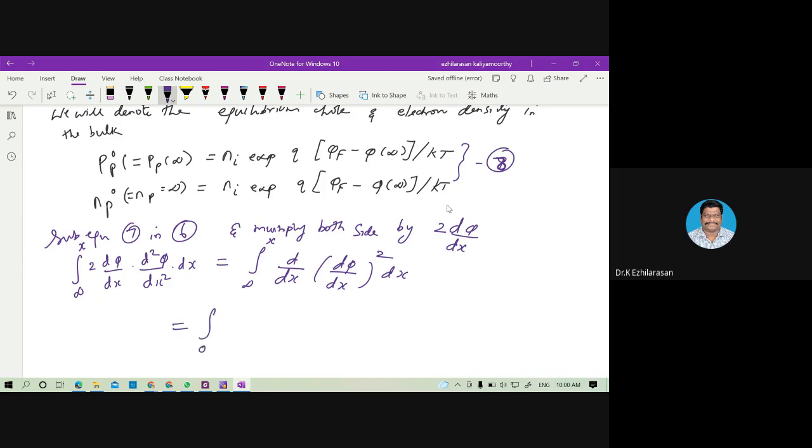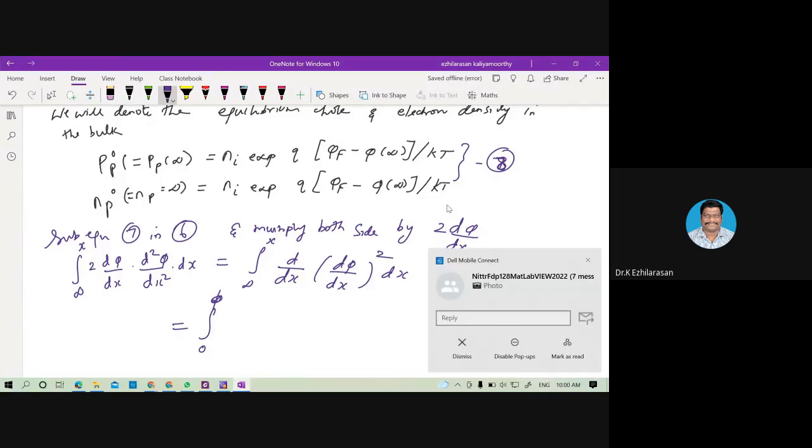Now let us change the interval. Instead of taking infinity to x, we are not able to integrate it, so we are going to take from 0 to phi, as I said earlier.